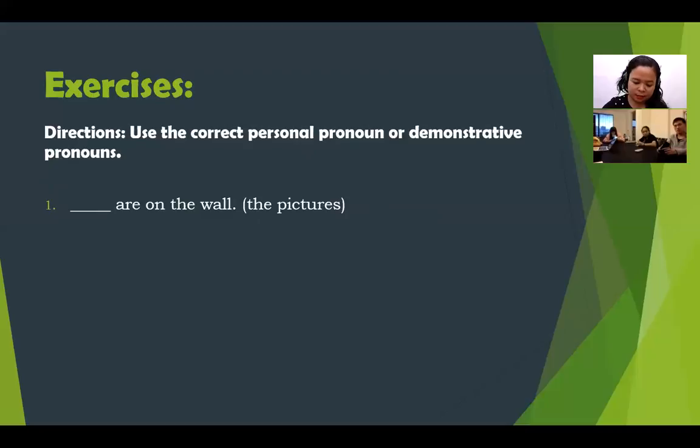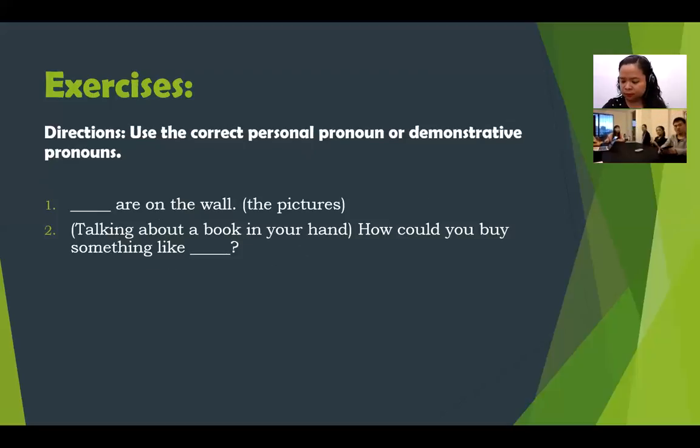Okay, so the answer is? They are on the wall. Yes. They are on the wall. The next one, Kiwi. Talking about a book in your hand, how could you buy something like this?